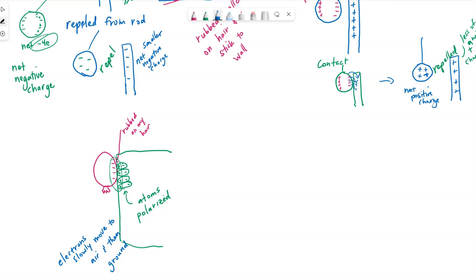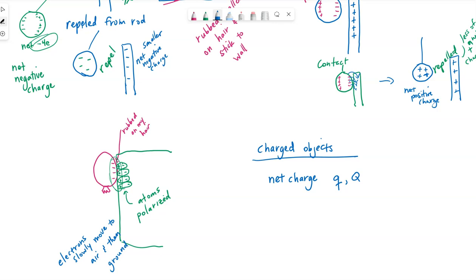All right, so for charged objects, the symbol we use to represent the net charge on the object is a Q. I'm not entirely sure why. Lowercase q, capital Q, doesn't matter.